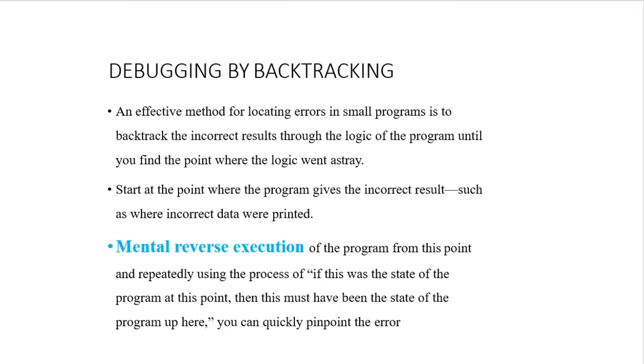From that, we go backward in the program, one step at a time. This is a mental reverse execution of the program, which means executing the program in reverse order to derive the values of all variables in the previous step. Then the error can be localized.